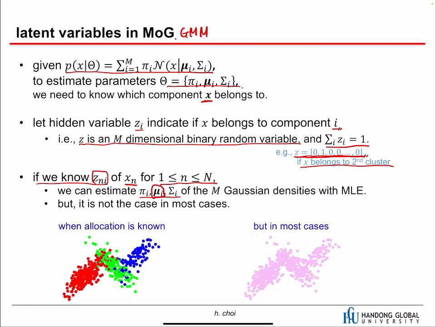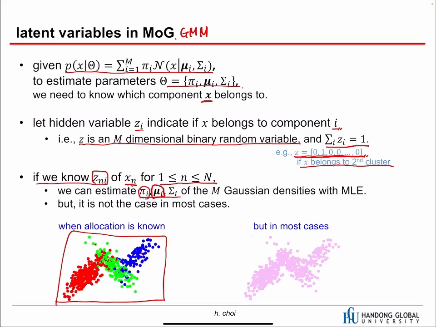Likewise, in the mixture of Gaussians, if we know which component xn belongs to, if we have this kind of knowledge, this point belongs to the first cluster, this one belongs to the second one, and this one belongs to the third one, then estimating these parameters is not that hard.